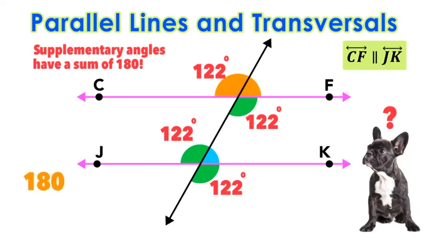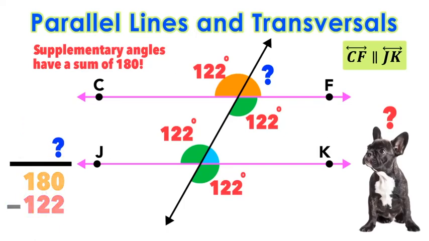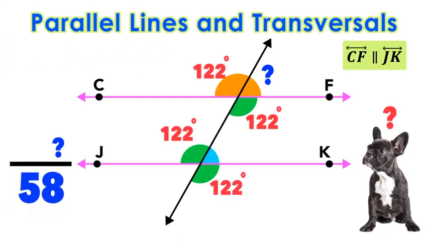So if one of the angles of our linear pair is 122 degrees, I can find the other unknown angle by asking the question: 122 plus what number would equal 180, which is the same as subtracting 122 from 180, whose difference is 58. So now I know that the supplement to 122 degrees is 58 degrees.